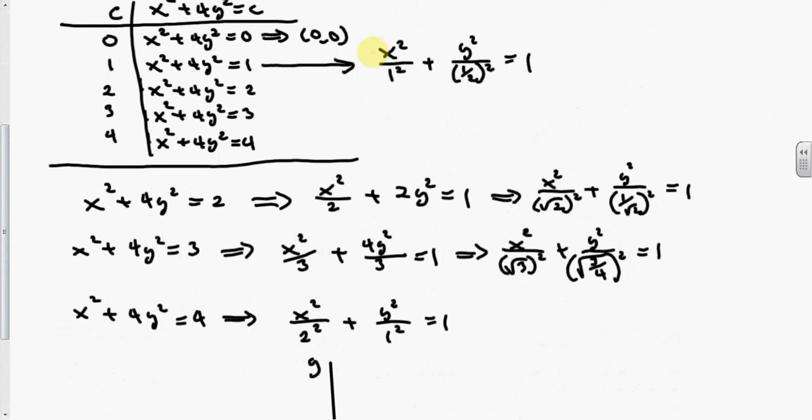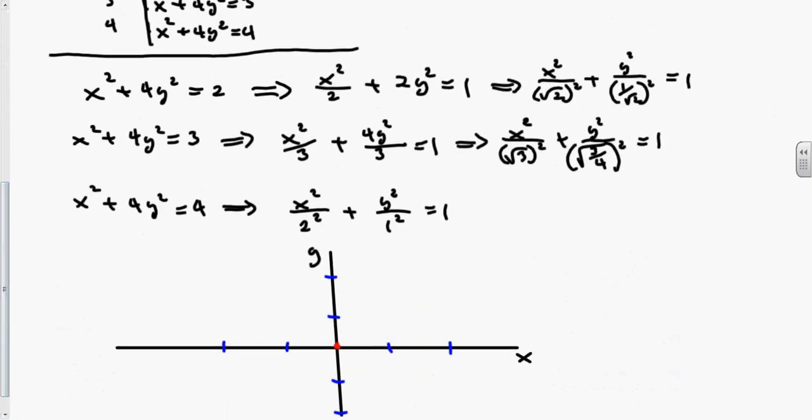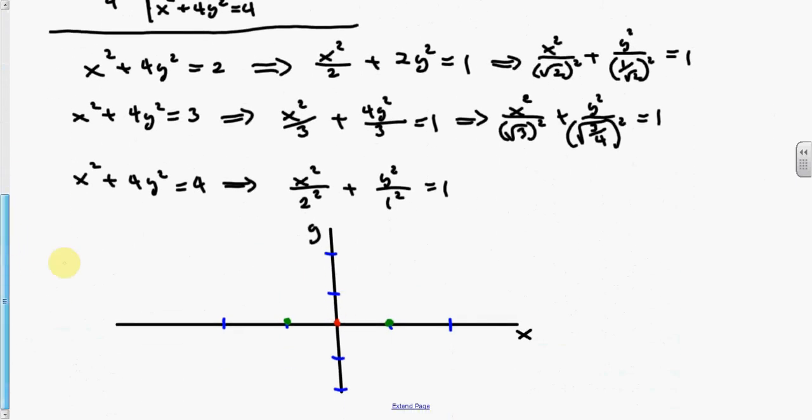Here, x is plus or minus 1. So the x is plus or minus 1. And then the y is plus or minus 1/2. So that's the first one.